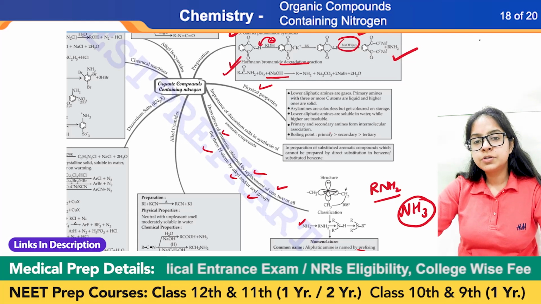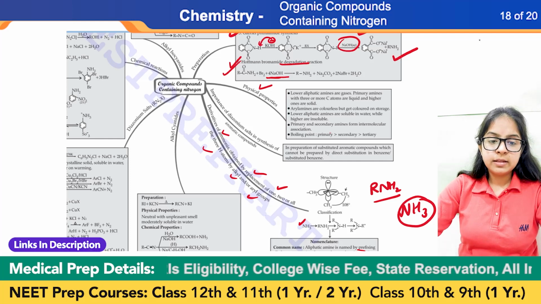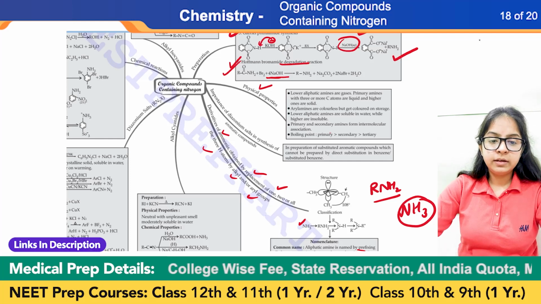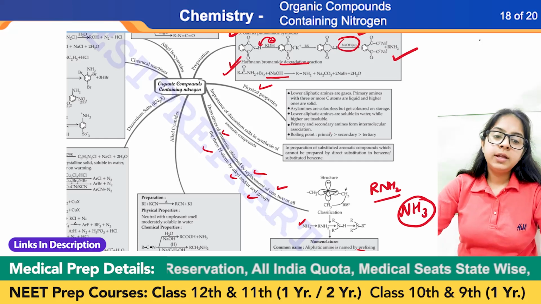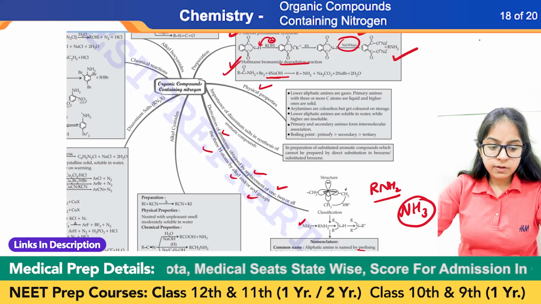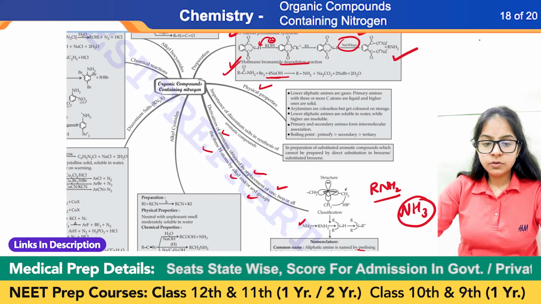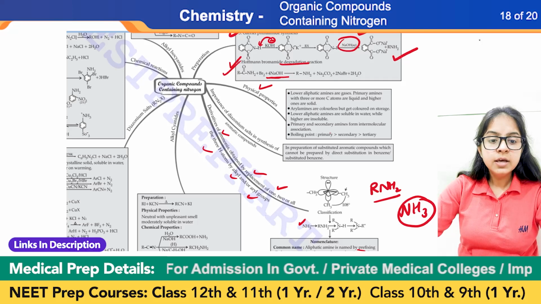They are gases because of the weak forces of attraction between the molecules. And then the primary amines with 3 or more carbon atoms are liquid and higher ones are solid. The more the interaction, the more it will change from gas to liquid, liquid to solid. After that, aryl amines are colorless but get color on storage.